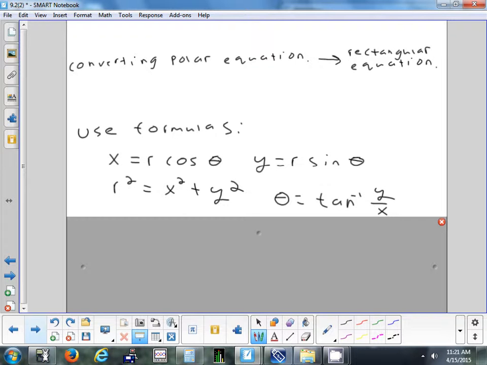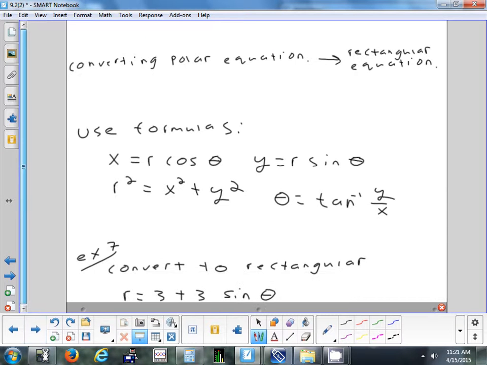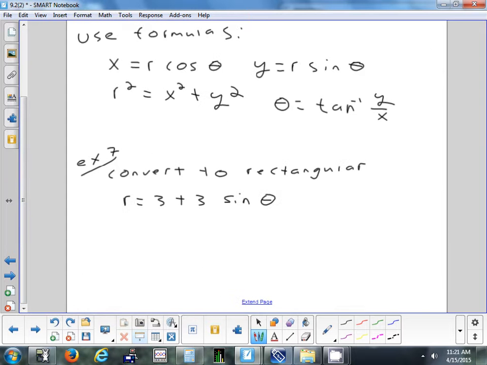R squared equals x squared plus y squared. We did that formula yesterday. It's like your Pythagorean theorem. And finding an angle, theta is the inverse tangent of y over x. You can use any of those formulas to help you get rid of r's and thetas and change them to x's and y's. So let's take the cardioid we just had, and I want to convert this to rectangular.